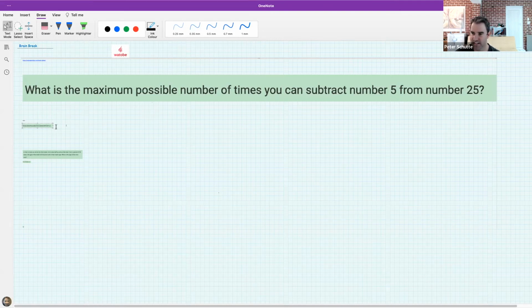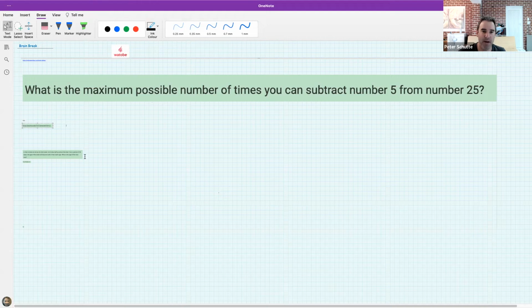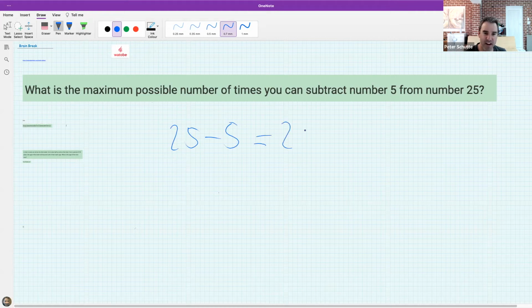Aha. I think some of you are. Okay. So this is a bit of a tricky one because of the wording, right? But if you think about how many times can you subtract the number 5 from 25, once you take away 5 from 25, you have 20. And so that is the sneaky bit about this question.